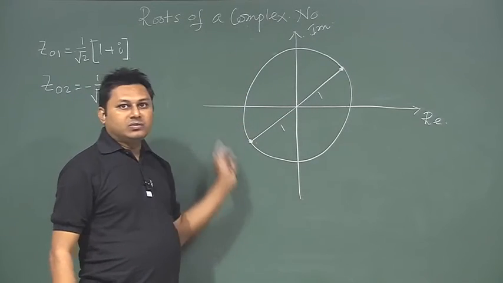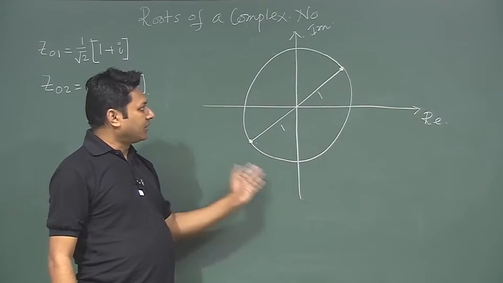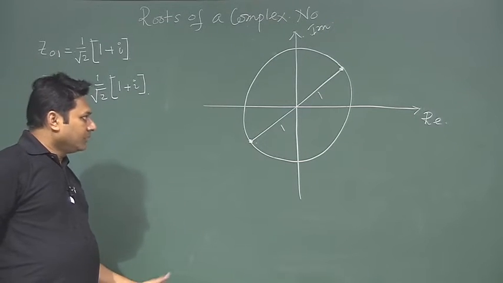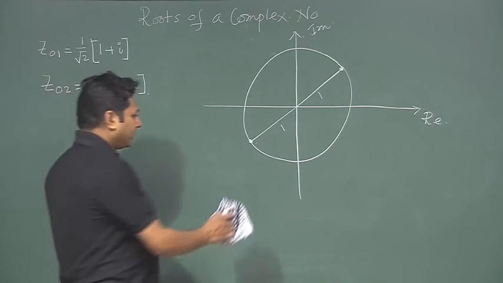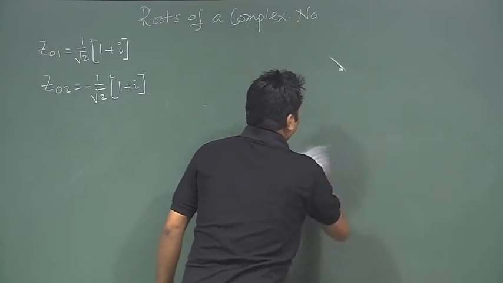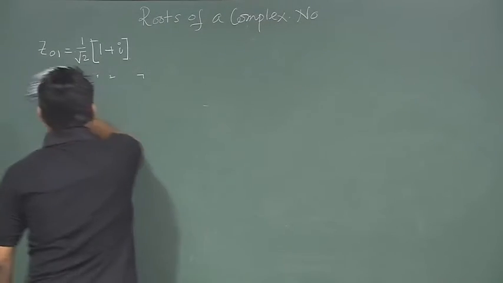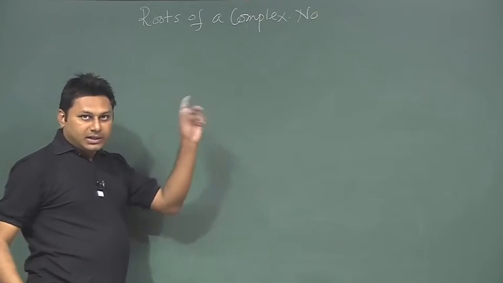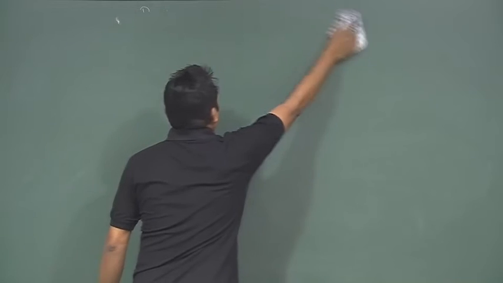So, over the circle of radius 1, these roots are placed. Now, if I do the same thing for some other values, let me find out the roots and look at how the roots are placed in the complex plane. That is interesting.